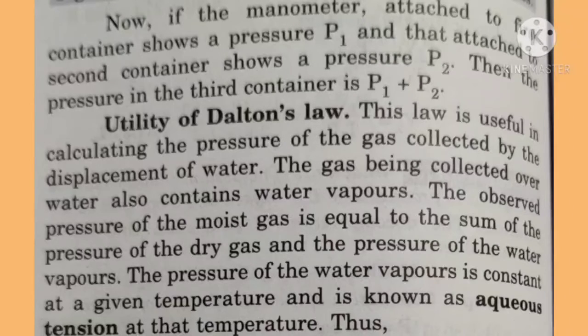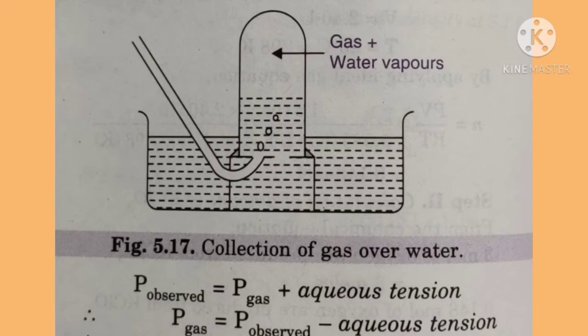So when we want to calculate the pressure exerted by the dry gas, we subtract the pressure exerted by the vapors. P observed is equal to the pressure of the gas plus aqueous tension. Aqueous tension is the pressure exerted by the water vapors. So pressure of dry gas is equal to P observed minus aqueous tension.